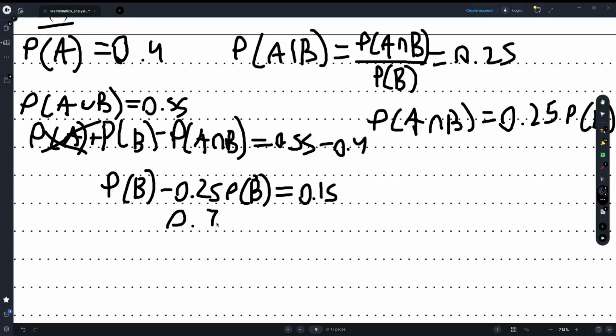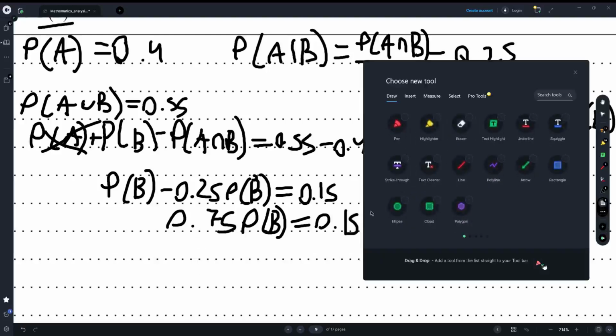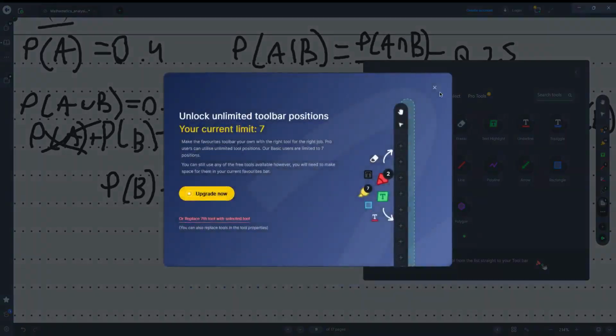So 0.75 P of B equals 0.15, or actually we can write this as 3 over 4, so it's easier for us.